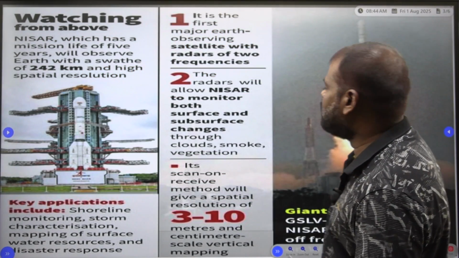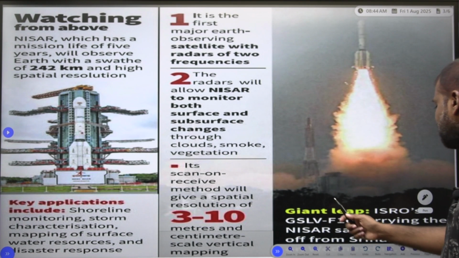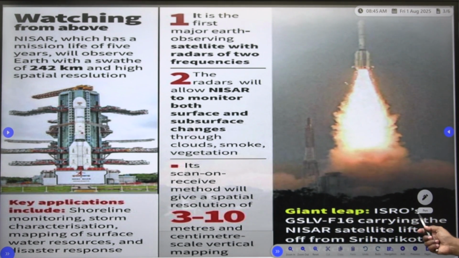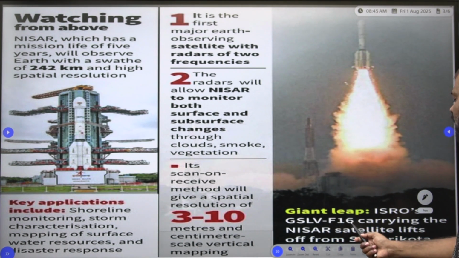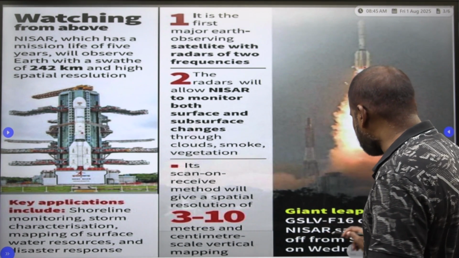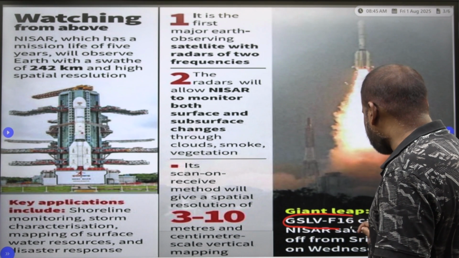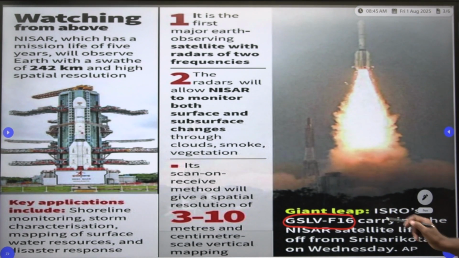Now you have to see what the main challenges are. ISRO's GSLV, Geosynchronous Launch Vehicle F16. Which rocket are they using? GSLV F16 carrying the NISAR satellite lifts off from Sriharikota on Wednesday.